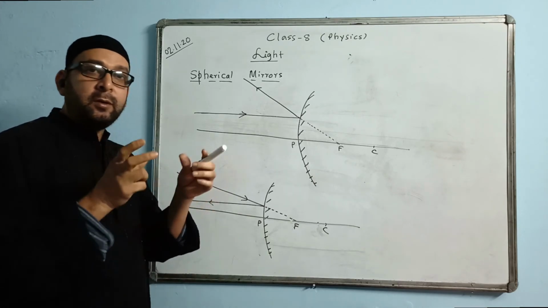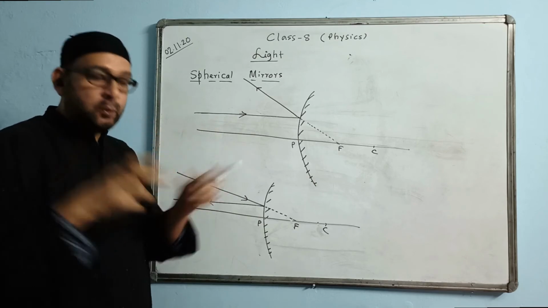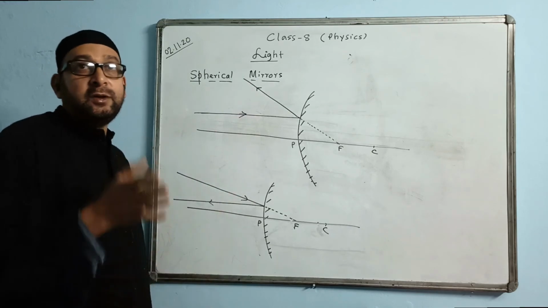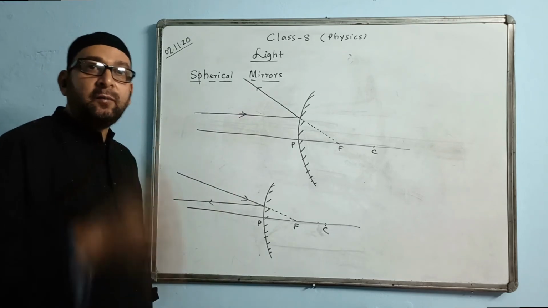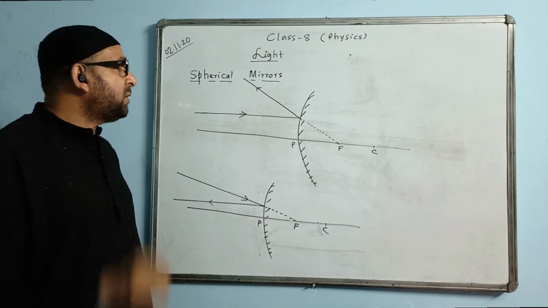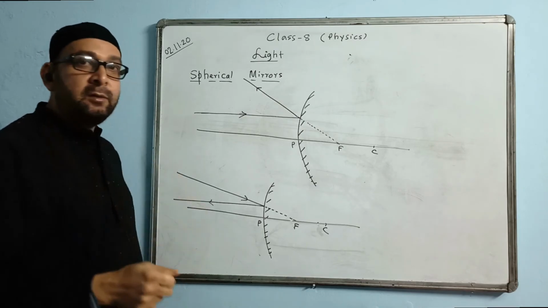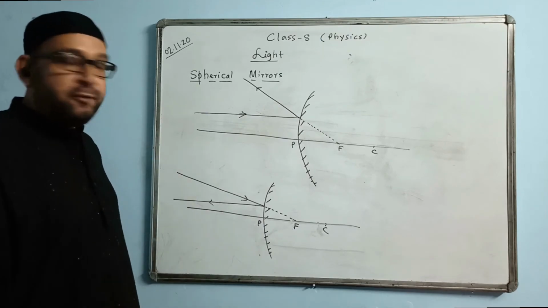We club both passing and appearing to pass together, because the question is not clarifying which kind of mirror it is. If the question clarifies the kind of mirror, then we have to give the definition of that particular mirror only.